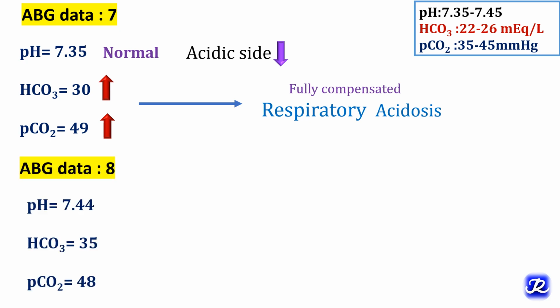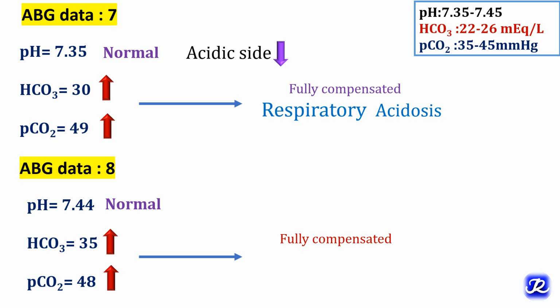The next data shows pH 7.44, which is normal. Bicarbonate is 35, which is increased. Partial pressure of carbon dioxide is 48, which is increased. Again, it is a compensatory state, and as the pH is normal, it is fully compensated state. And we will take the help of pH to label this condition, whether it is acidosis or alkalosis.